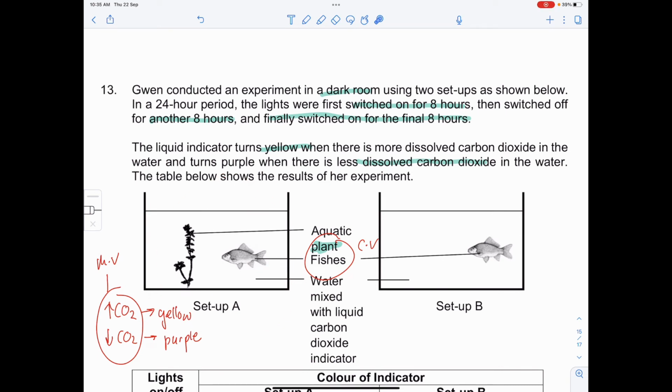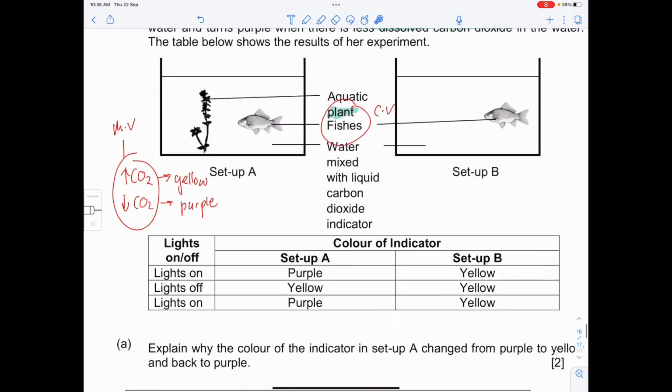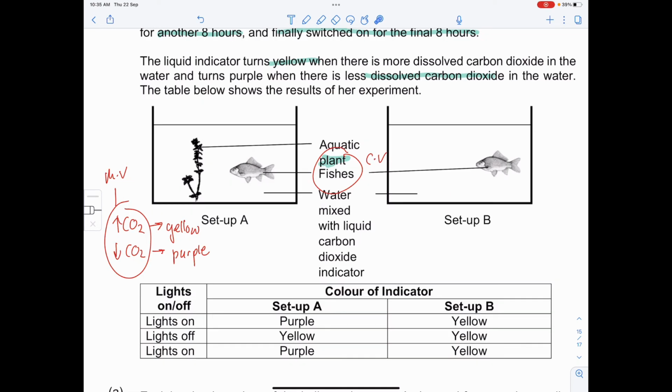So it depends whether or not your color indicator is a quantitative one. Quantitative one means besides telling you increase or decrease, it can tell you which one increased more. Okay? So in this case, it doesn't, because it's either purple or yellow.